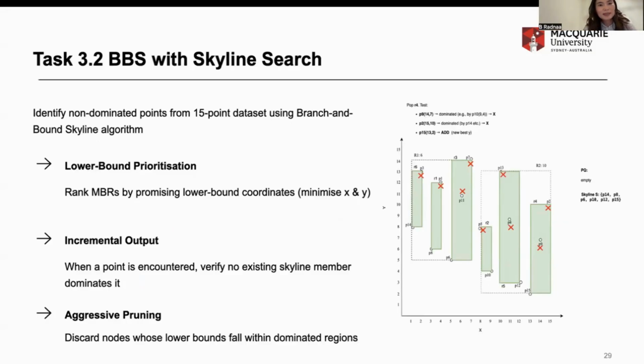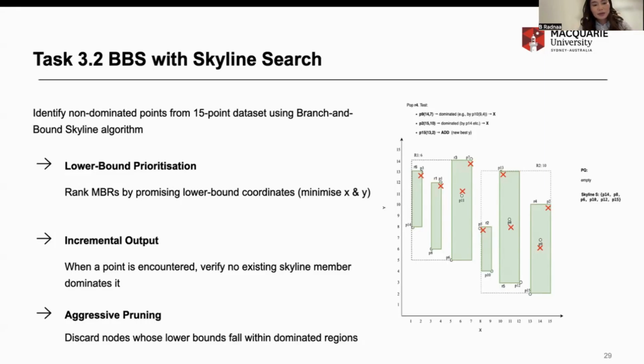It's about the BBS algorithm with skyline search. In this task, we compute the skyline using the BBS algorithm. A priority queue is used again, but instead of distance, it prioritizes MBRs with promising lower bound coordinates. When I encounter a point, if no skyline point dominates it, I include it in the skyline and prune dominated nodes.